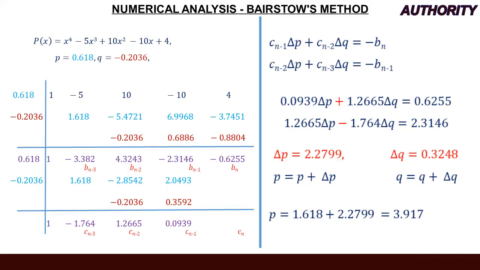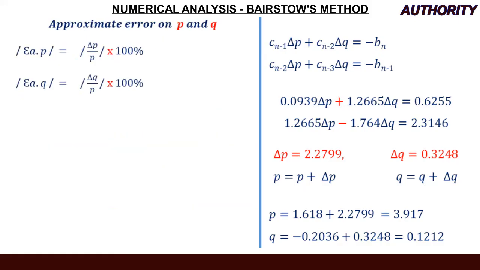Now when you add this together, it's going to give you 3.917. And then for Q, the new Q is going to be the previous Q that we have, which is minus 0.2036 plus the delta Q, which is 0.3245, is going to give you 0.1212. Are we together?